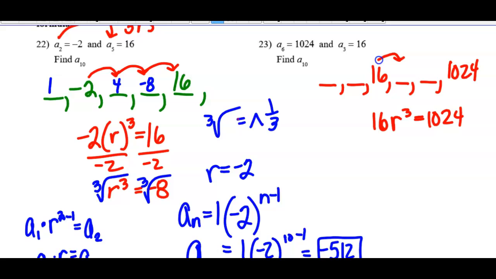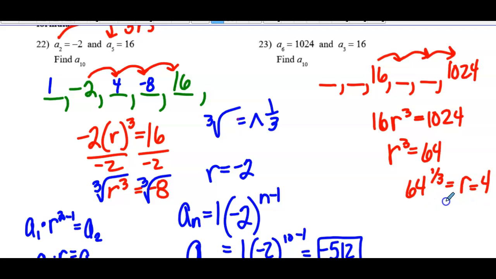So multiply by r, r, and r. So if I divide 1024 divided by 16 is 64. 64 to the 1/3 power is r, which is 4.